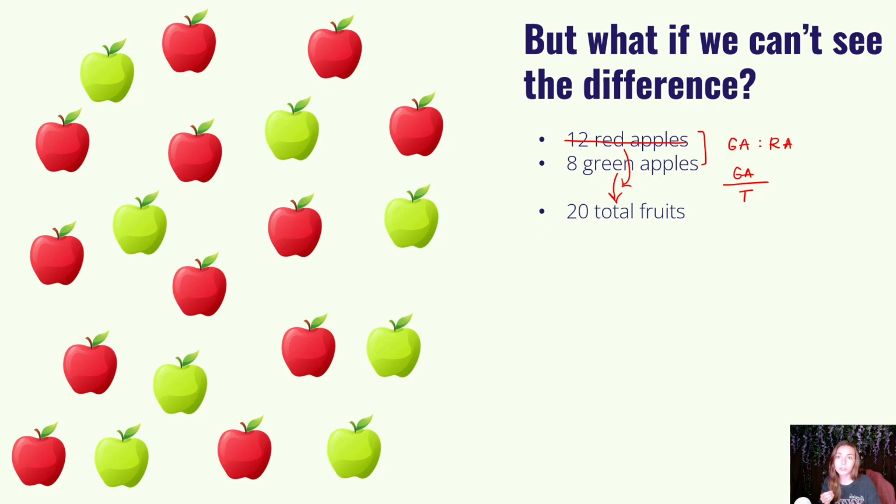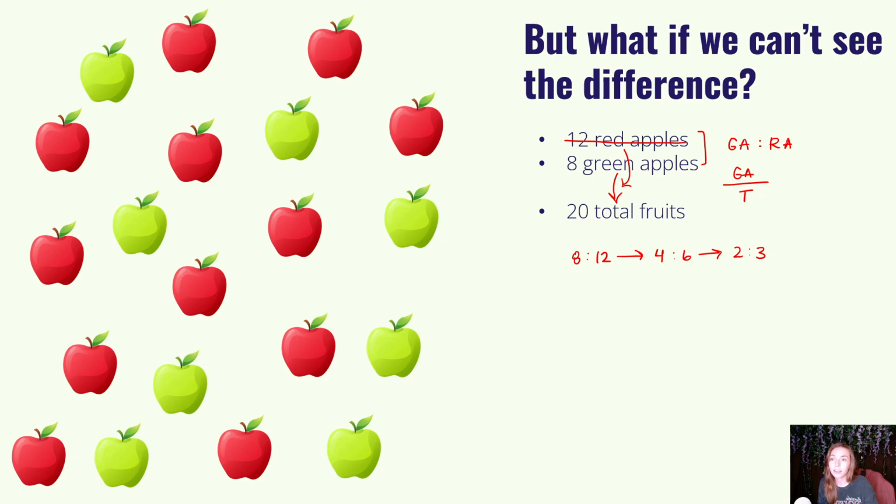So green apples to red apples, it's going to be 8 to 12, which breaks down to 4 to 6, which breaks down to 2 to 3. So for every 2 green apples he encounters, he will encounter 3 red apples, is what this is saying.